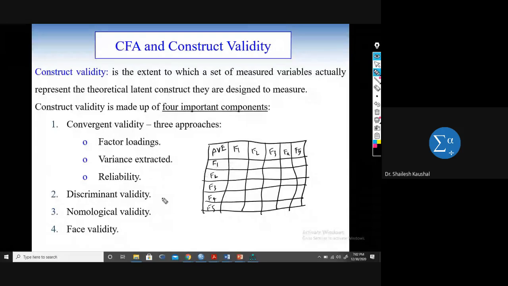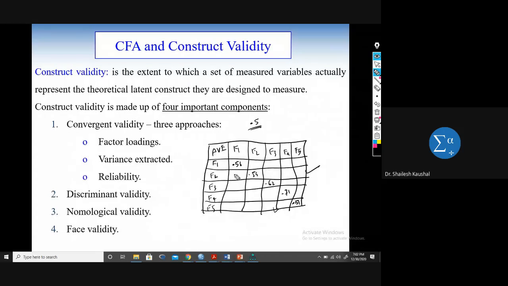I told you the average variance extracted values should be greater than 0.5, so these are values like 0.56, 0.53, 0.62, 0.71 and 0.51. This is a symmetric matrix, with lower and upper triangular parts.